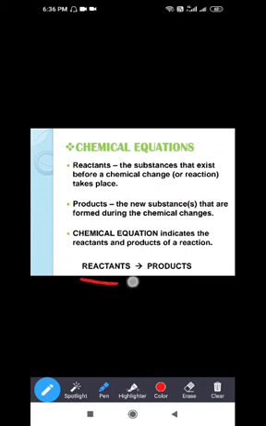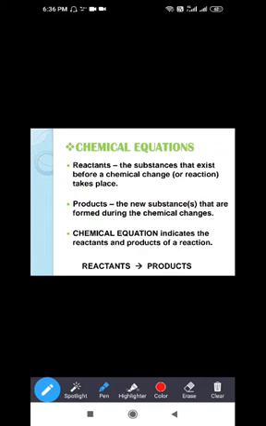The components on the left hand side are known as reactants, and the components on the right hand side are known as products. Am I clear?